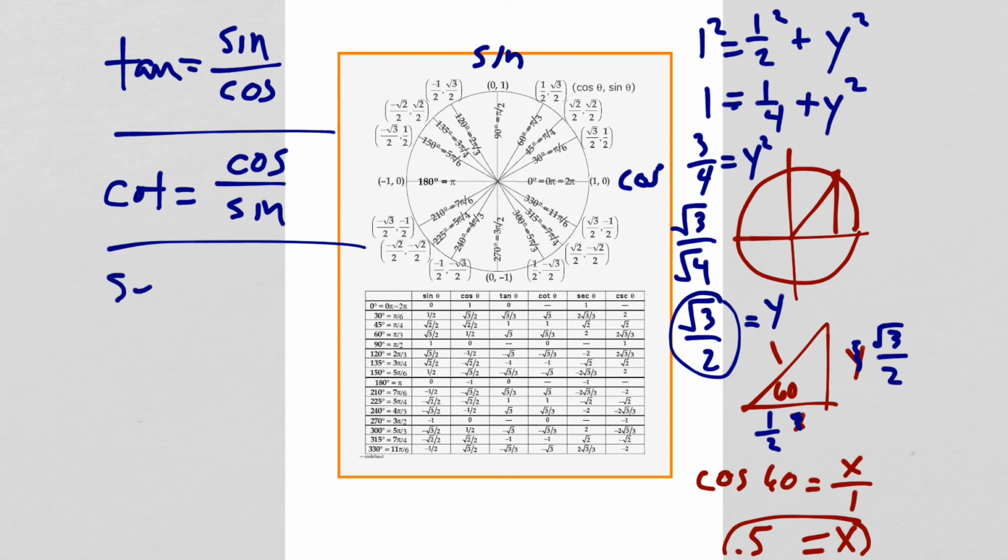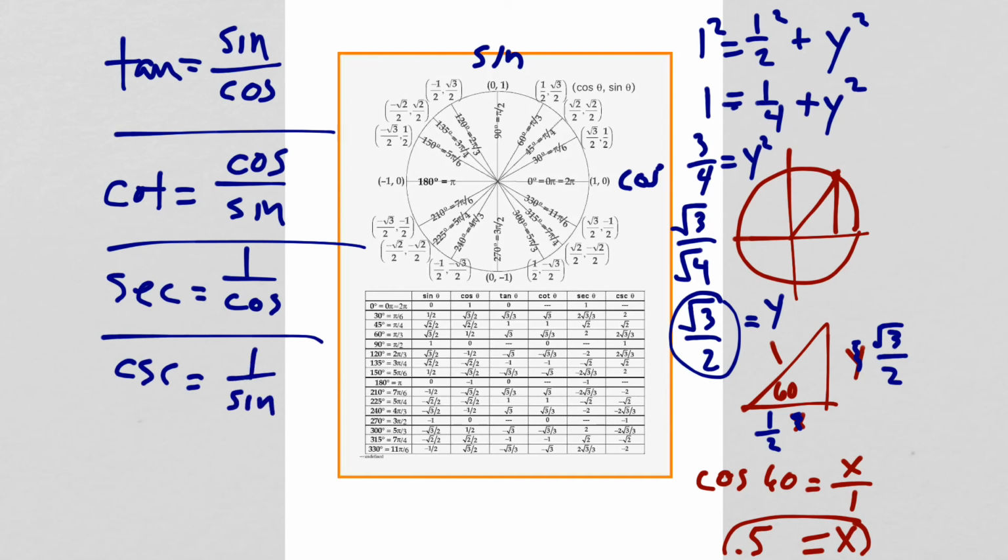The secant, the SEC, is equal to 1 over the cosine. And the last one, the cosecant, is 1 over the sine value. So those are all parts of inverse trigonometry. We'll use that here going forward. But for right now, we're just going to look at, can we find the exact value?